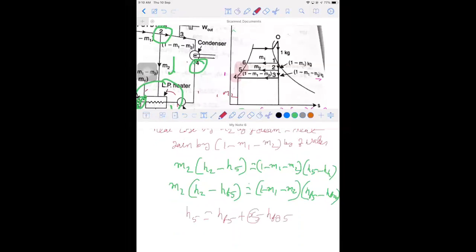But X5 is 0 because it is in liquid state, so this part is 0 and H5 is equal to HF5. In a similar manner, state 4 is in liquid state. H4 is equal to HF4 plus X4 HFG4. But X4 is 0, this part is 0, and we have only liquid heat. There is a point you have to keep in mind.